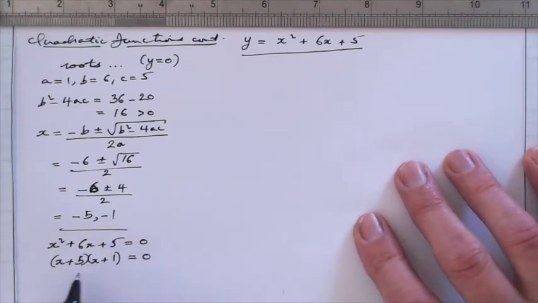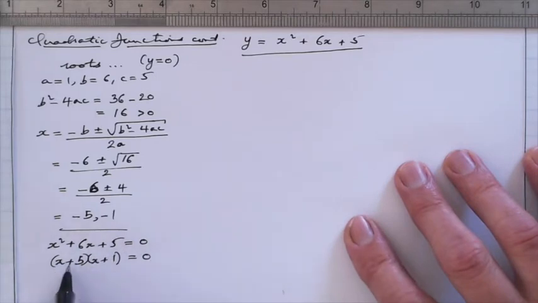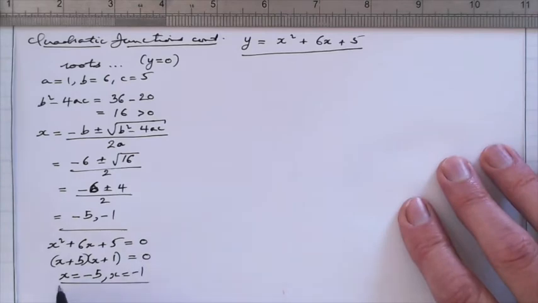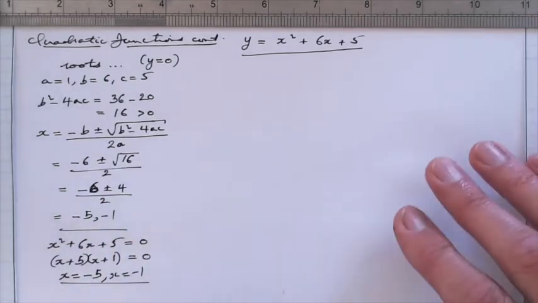So that's all fine. This will be satisfied if either bracket is 0. If this bracket is 0, that occurs at x equals negative 5. If this bracket is 0, that occurs at x equals negative 1. And so from factorization, we could also have found the roots. So that's all fine. We have the roots.